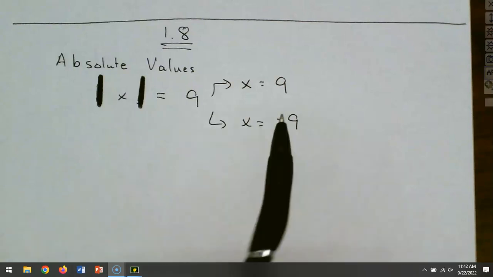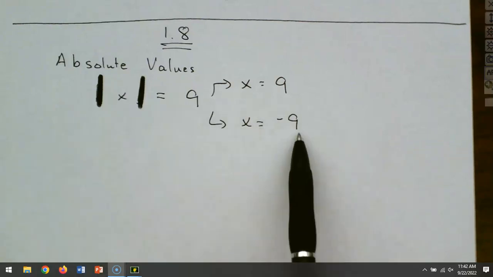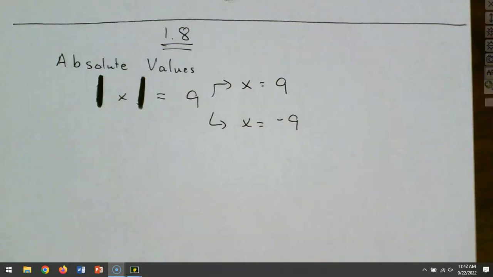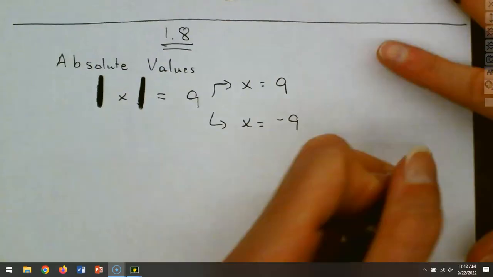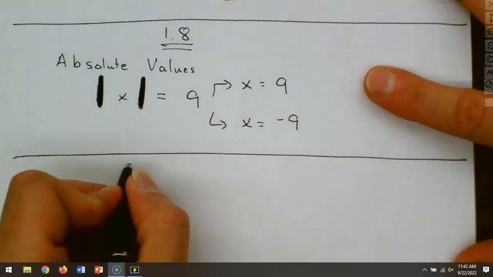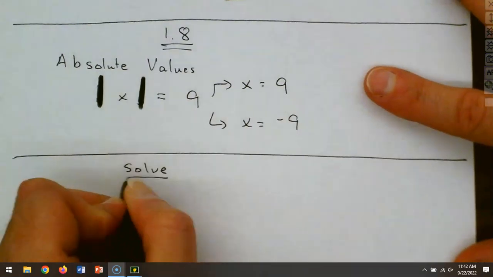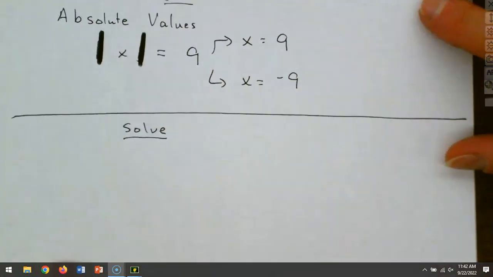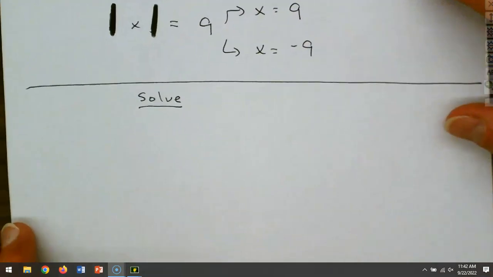Because the absolute value of 9 is 9, and the absolute value of a negative 9 is also what? 9. When we work these absolute values out, you're going to get two equations to solve. It works off of this premise. Now we're going to solve a couple of these. We'll do the equalities first, and then we'll look at the inequalities.